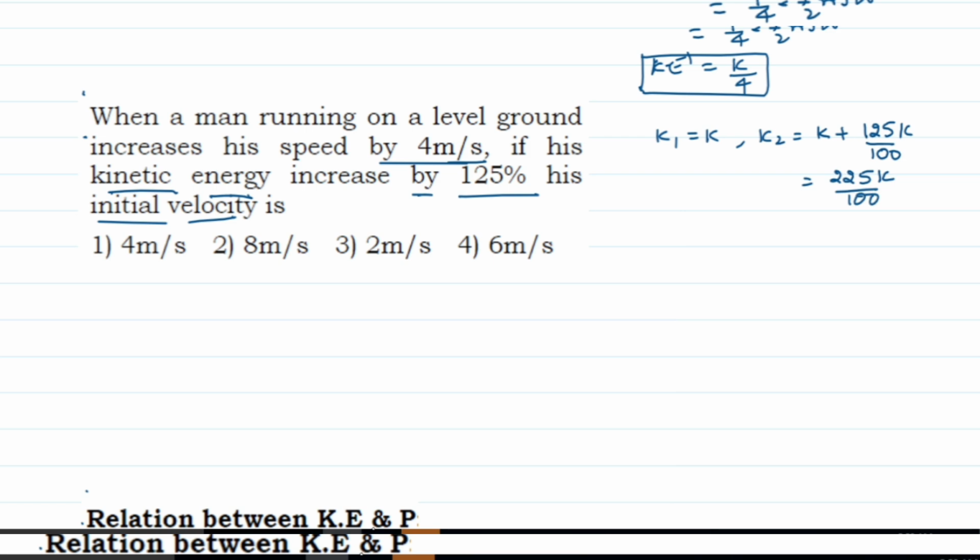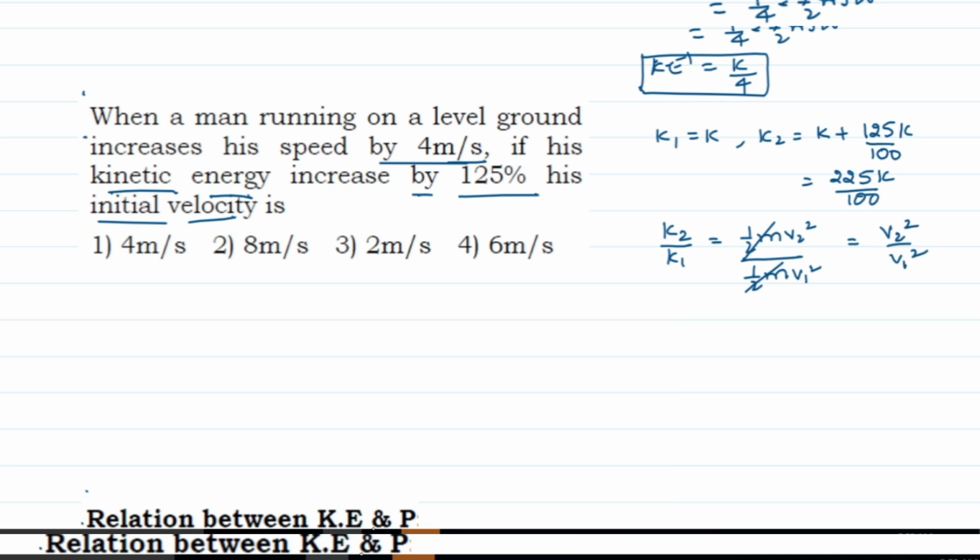Now you know the formula: kinetic energy equals half mv square. Then I am taking the final kinetic energy by the initial kinetic energy. It's nothing but half into m into v2 square by the initial kinetic energy, half m v1 square. They are not talking about the mass values here, so m by 2 cancels, and we write v2 square by v1 square.